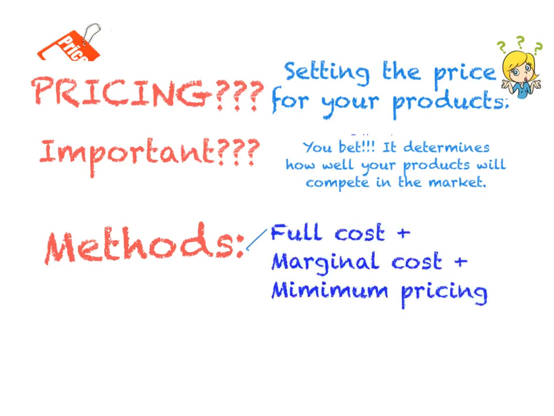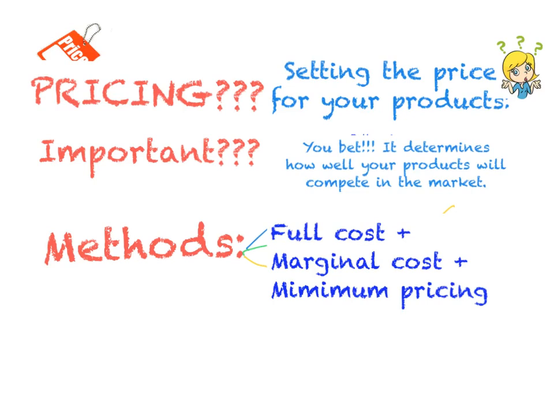Number 1 is full cost plus pricing. Number 2 is marginal cost plus pricing, and the last one is minimum pricing. We are going to look at these methods one by one after this.